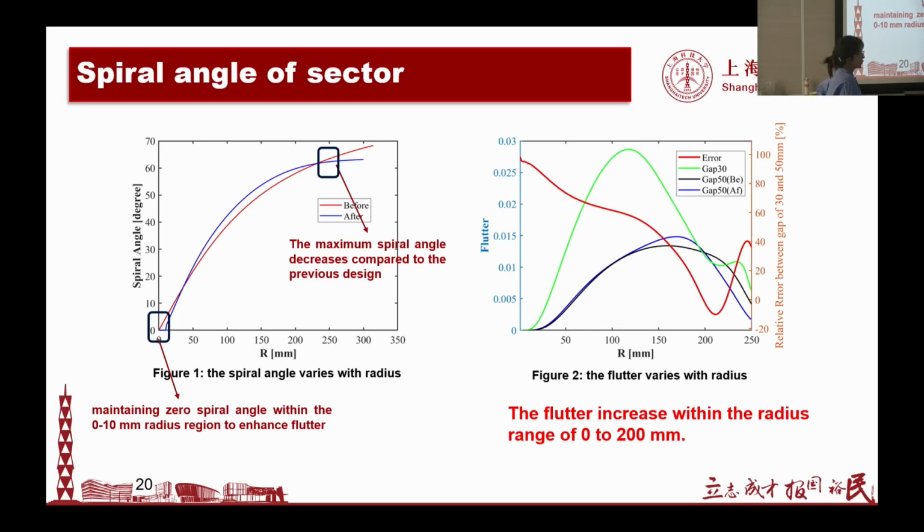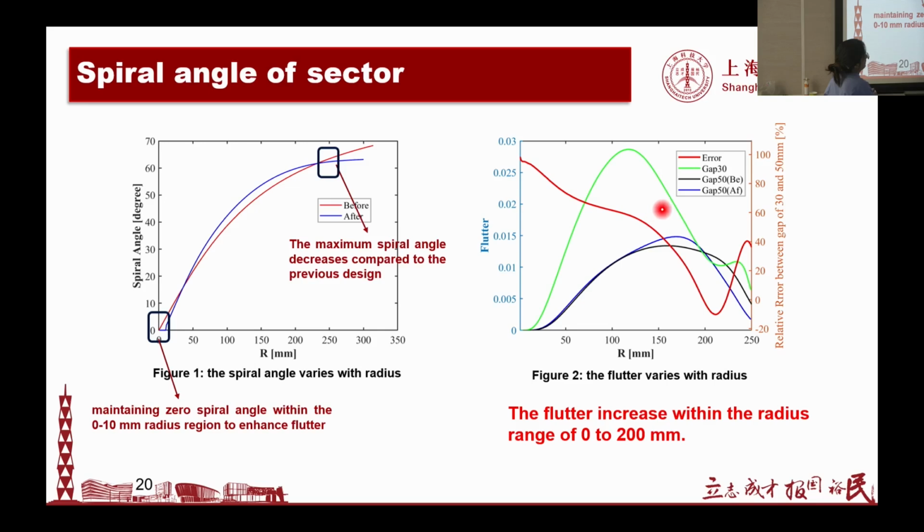In order to provide sufficient space for the RF system, we must increase the vertical gap between hills from 30 millimeter to 50 millimeter. In this figure, the green line is the flutter for a gap of 30 millimeter.